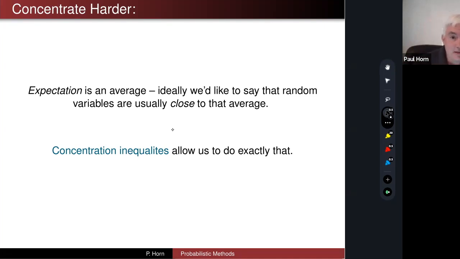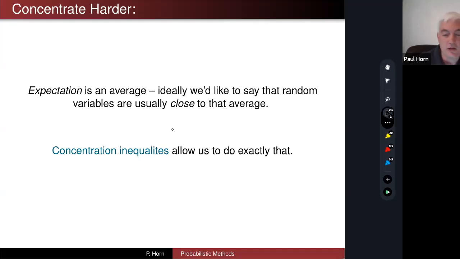Well, then it can be hard to say that they're both large at the same time. I know that one is sometimes large. I know that the other is sometimes large. But how do I know that these both happen at the same time? What I would like to know is that often I'm at least reasonably close to this average.